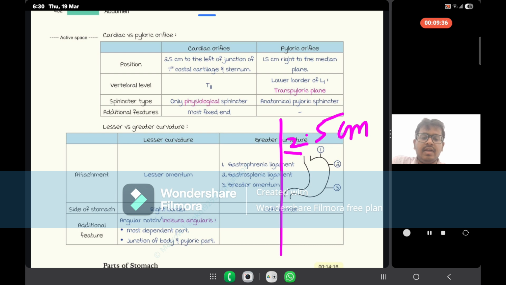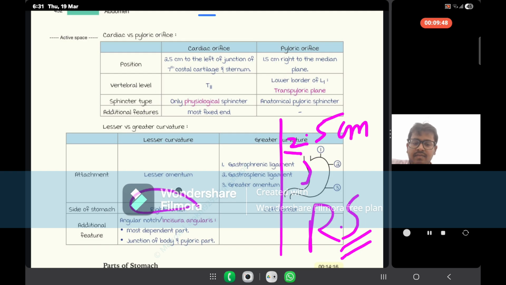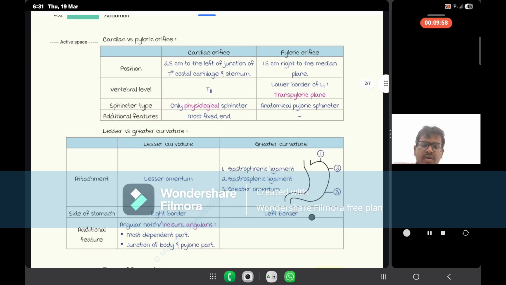Since it is already on the right side, this will move more toward the right border, and the other will be on the left border.